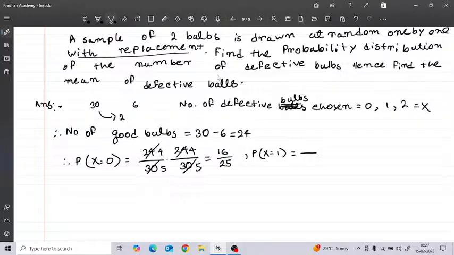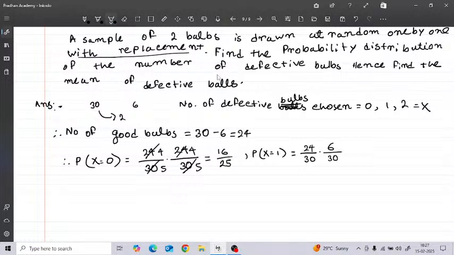First, in the first draw I am choosing a good bulb, that's probability 24 divided by 30. Now as it is with replacement, for my second draw there will be the same number of bulbs, that is 30, and the number of defective bulbs is 6. So 6 out of 30, that's my first sub case.